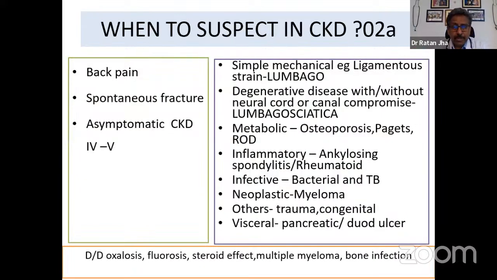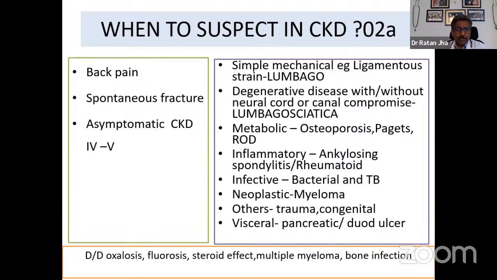The second point is that we have not defined what osteoporosis is and what the risk factors are in the context of chronic kidney disease. But when do we suspect osteoporosis in CKD is the moot point. Most patients with osteoporosis are asymptomatic, and it is usually seen in stage 4 and 5 of disease. But few patients complain of symptoms such as back pain, and a few can have a spontaneous fracture, or a fracture without any major trauma.